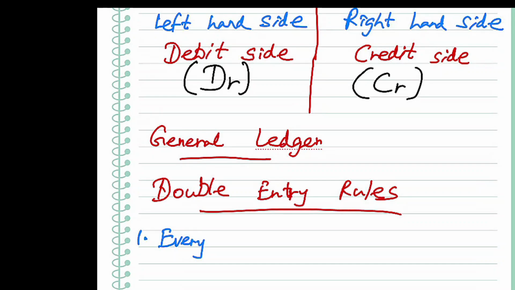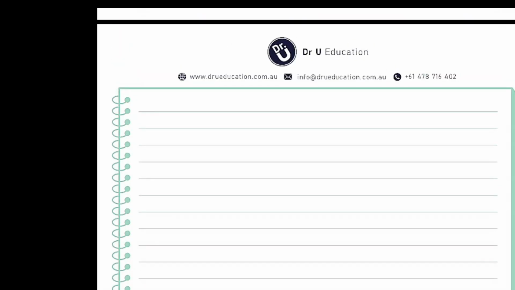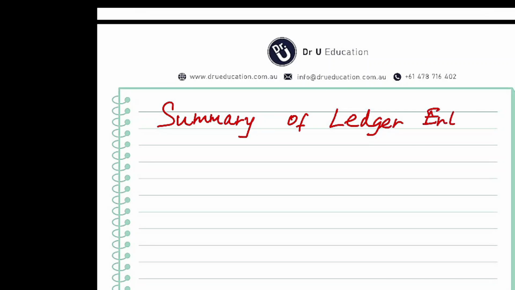One line space and write subtopic: Summary of ledger entries.